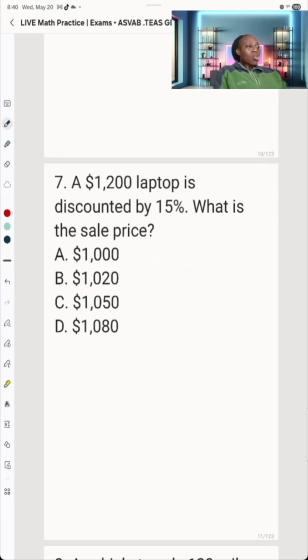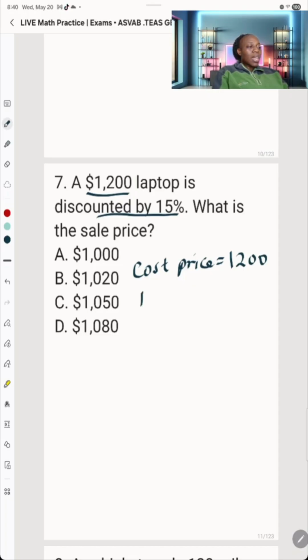So here, $12, that's the cost, is discounted by 15%. So if you are looking at that, I will say cost price is $12. Then discounted at 15%.